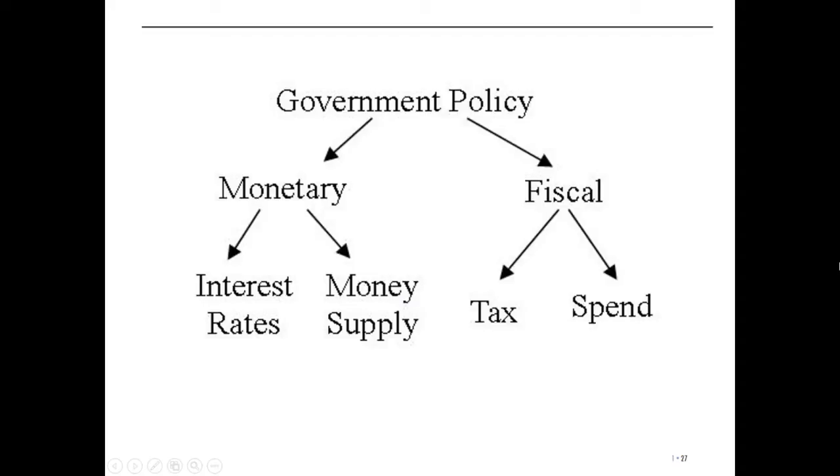Now, when we look at government policy, there's two different controls, you might say. One, there's monetary policy, and then there's fiscal policy. These are just different ways of trying to control the economy, different ways of trying to stabilize these oscillations between growth periods and recession periods.